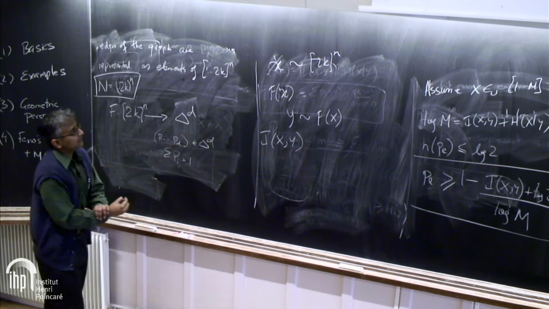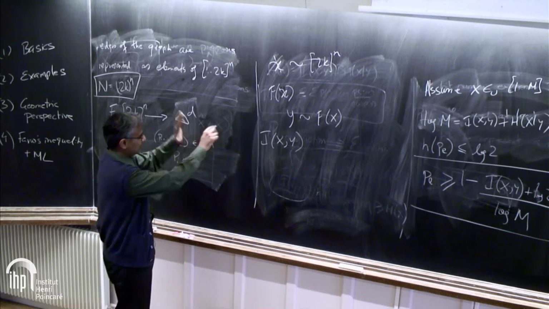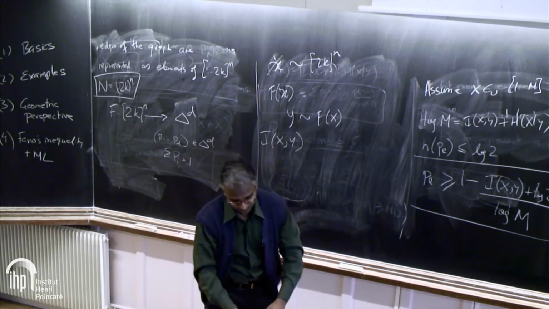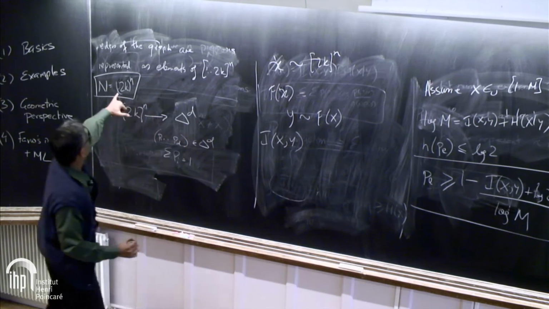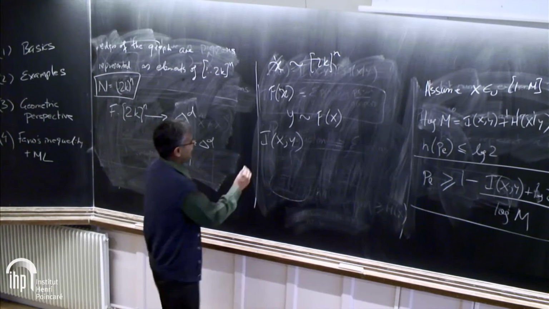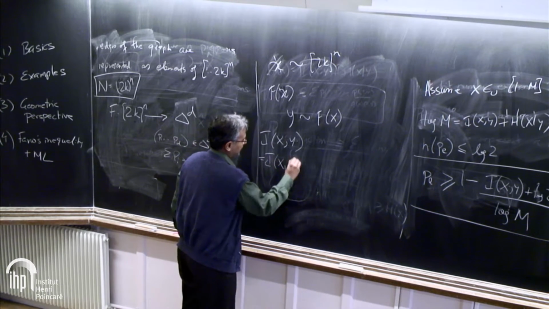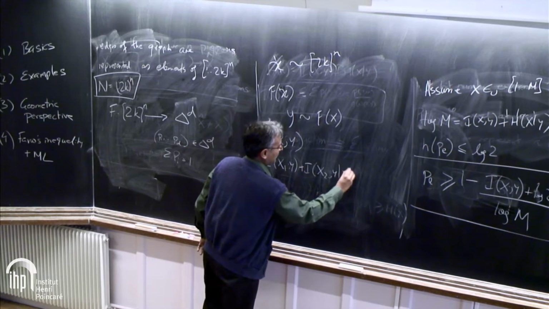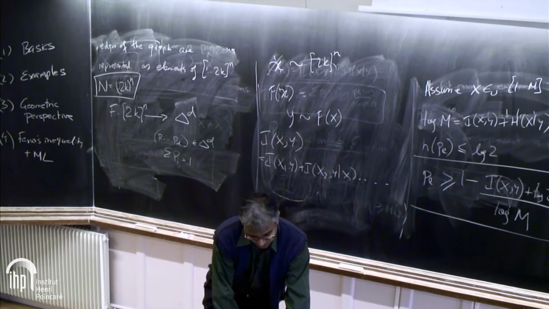I want to put some lower bound on this, and that will give me the lower bound that I need on the size of the structure, on the size of d. And you can rewrite this expression because x is sampled uniformly from here. You can think of this as having n coordinates to it. So you can rewrite this as I of x1, y plus I of x2, y given x1, and so on, just by the chain rule.